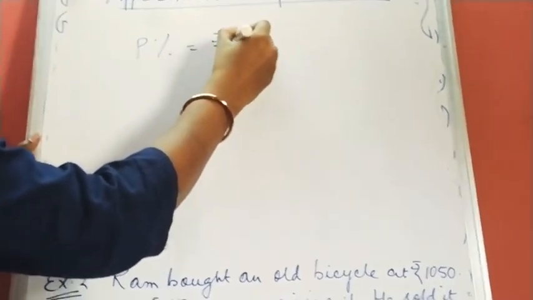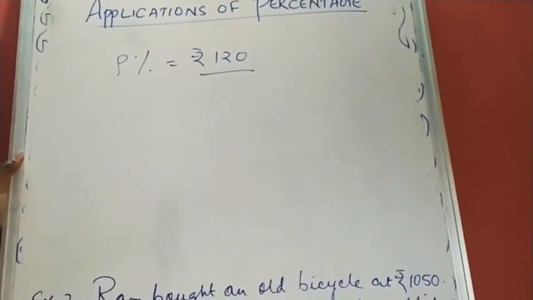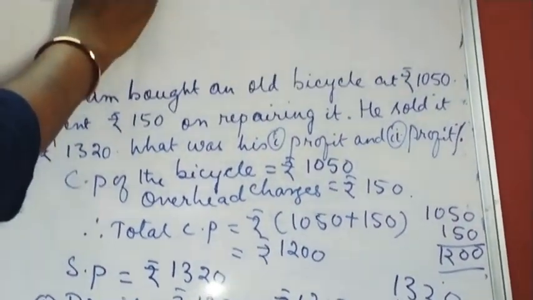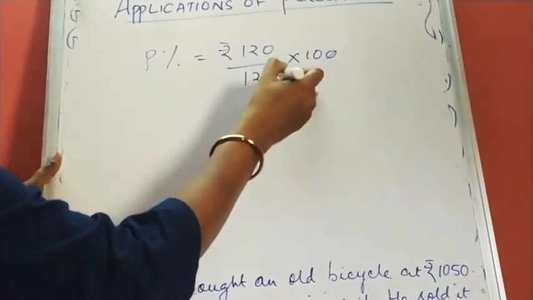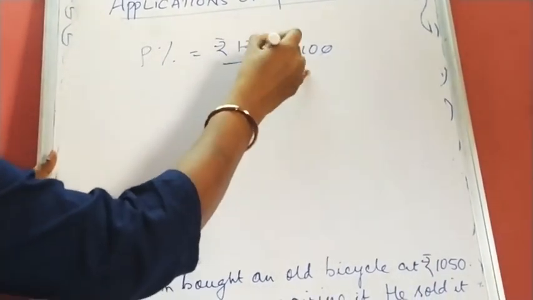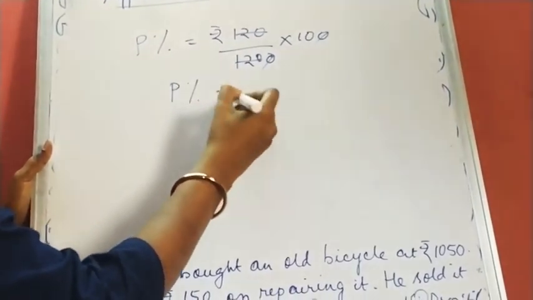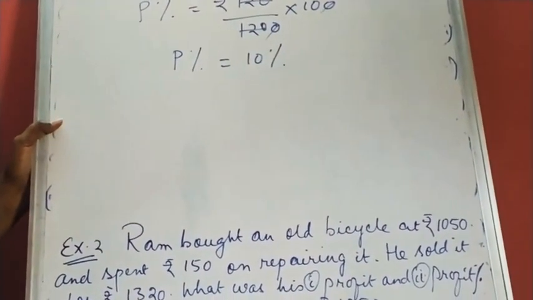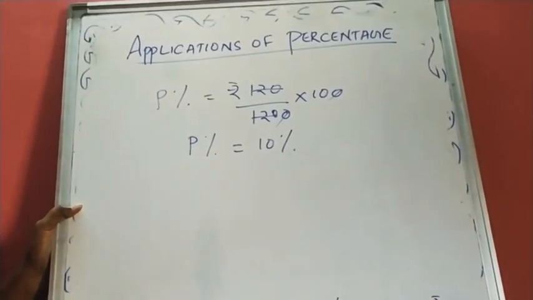We have got rupees 120 upon your total cost price, which is 1200, into 100. Now when we do the cancelling, what do we get here? 0, 0 and 120, 120 we can cancel it. So therefore the profit percent is equal to how much? 10%.